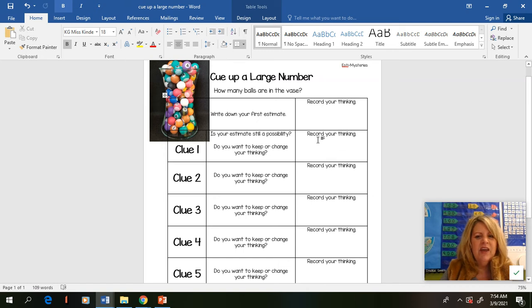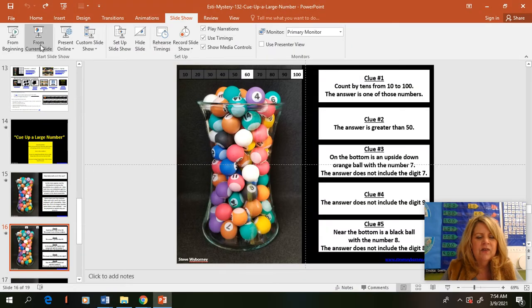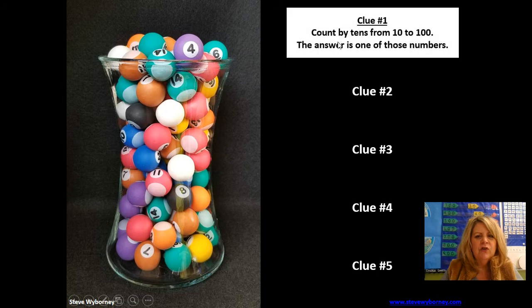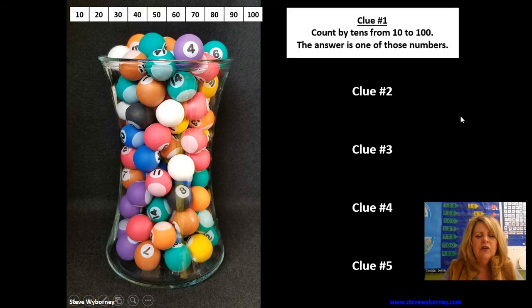If you're going to make a change, write your new estimate right there. Miss Effie is going to show you the vase and the clue along with the decade number path one more time so you can look at that as you write your estimate next to clue number 1 on your recording sheet.